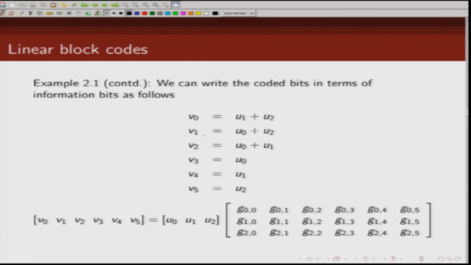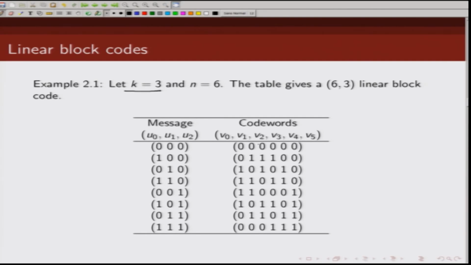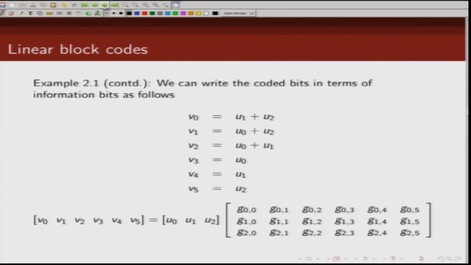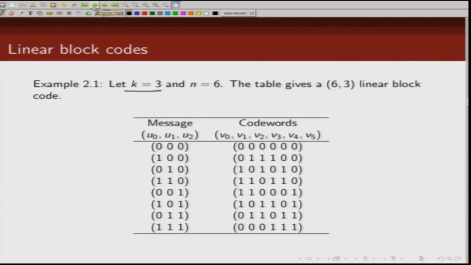Similarly, we can see V1 is given by U0 plus U2 and V2 is given by U0 plus U1. Let us just check V2 again. V2 is given by U0 plus U1: 0 plus 0 is 0, 1 plus 0 is 1, 0 plus 1 is 1, 1 plus 1 is 0, 0 plus 0 is 0, 1 plus 0 is 1, 0 plus 1 is 1 and 1 plus 1 is 0.